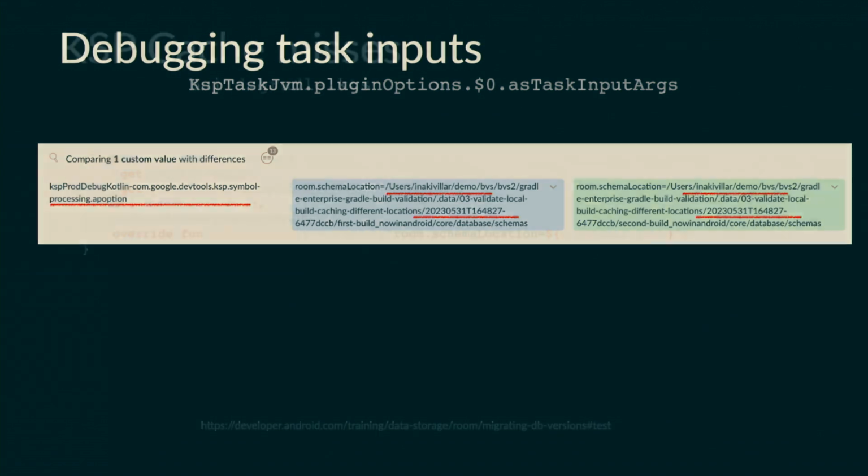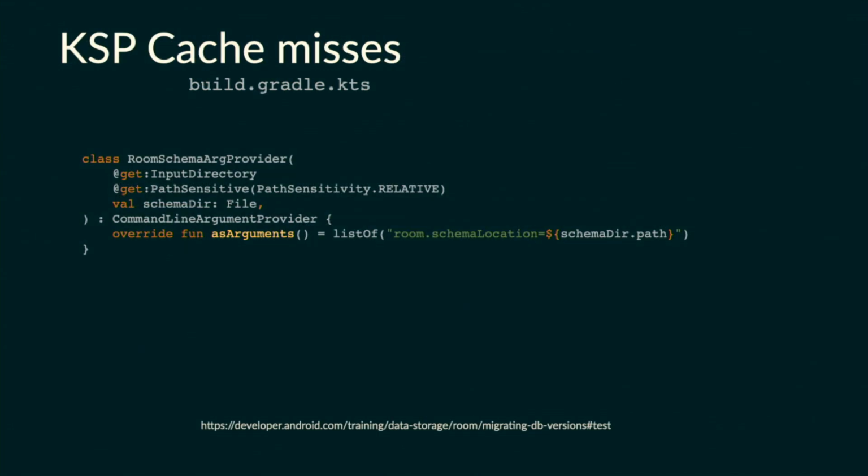Because again, we fixed this problem with our plugin, with the Android Cache Fix plugin. And even more, Google added a proper configuration in the official docs saying how to configure a project with Room, respecting the path sensitivity of the path.